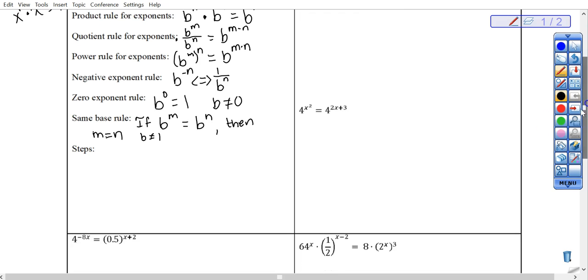So here are the steps that we're going to follow. Step 1 is you are going to identify a common base on the left and right.